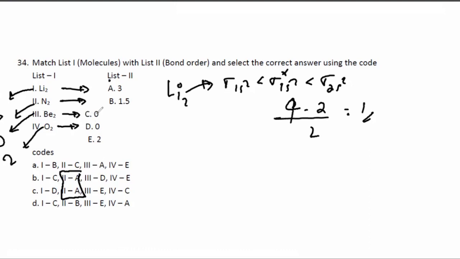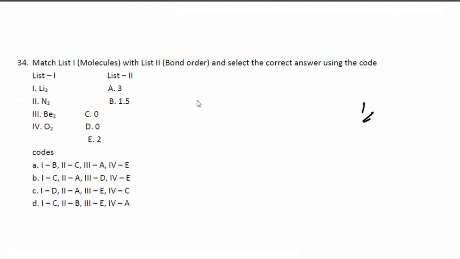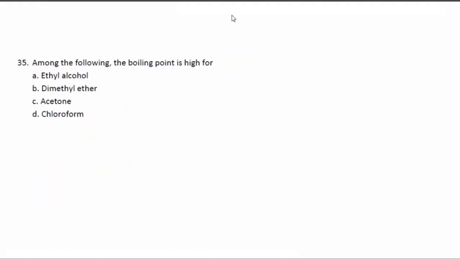So I think this will be 1. So 1 is C, Li. The rest are okay. O2, the bond order is E. So this is fine. So make the correction. 1 is C. Okay. Move to the next question.